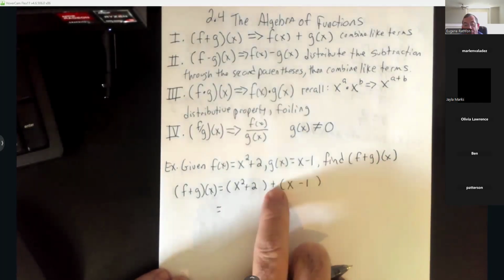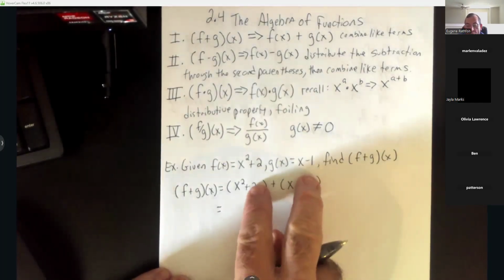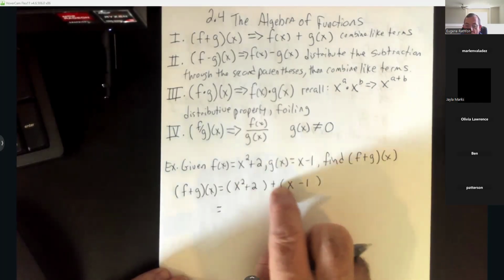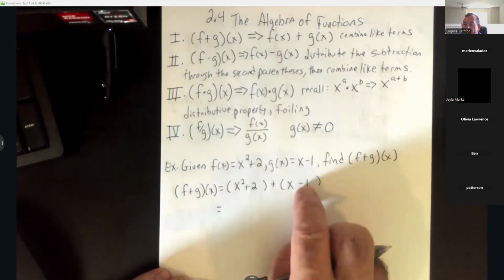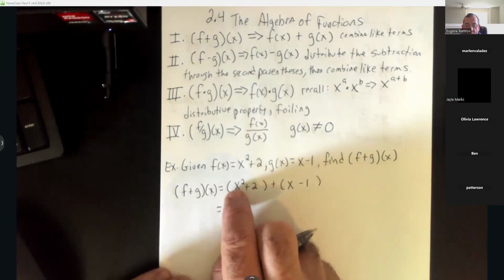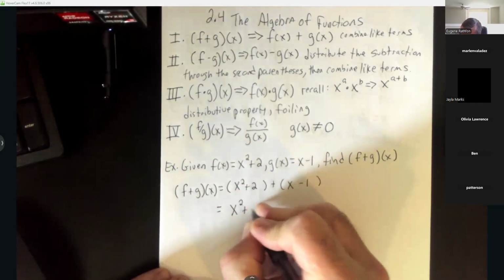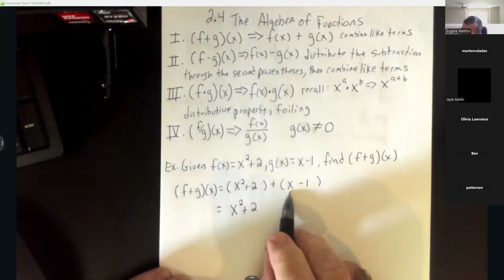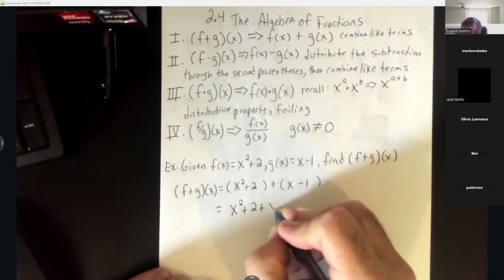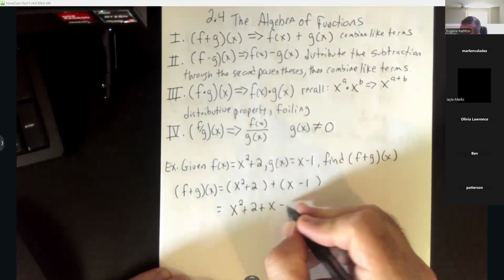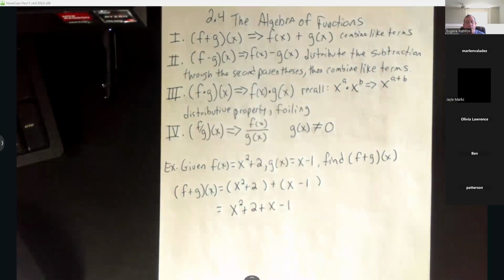Now, since this one's being added, I can drop all the parentheses and all these variables and numbers will stay the same sign. So that's going to stay at x squared plus 2. This will stay at x that's positive, and that'll stay -1 for the number.